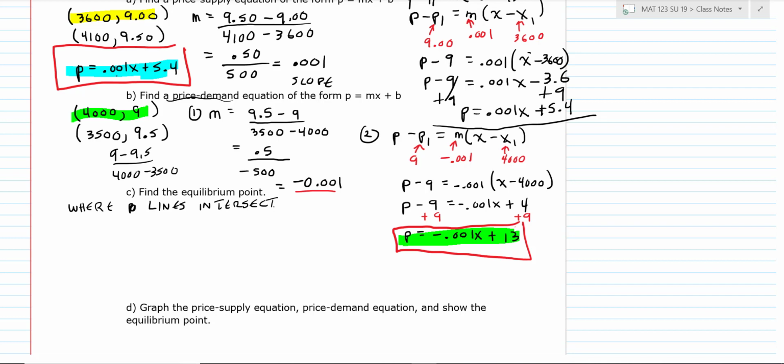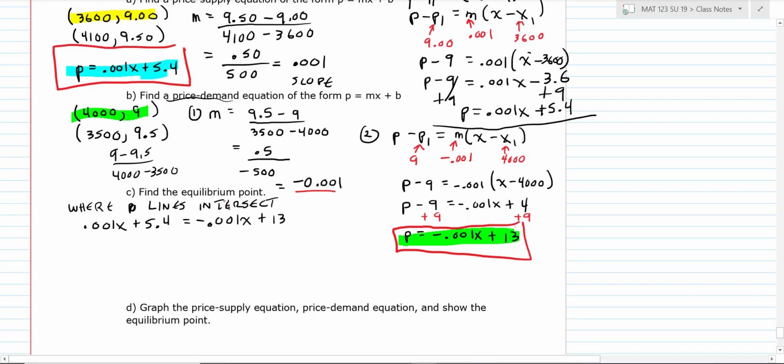All right, so what we do is we just set these equal to each other. Take the right side of this equation, set that equal to the right side of this equation. We're figuring out where the prices are the same. We're figuring out what production level, the number of bushels, makes the prices the same.